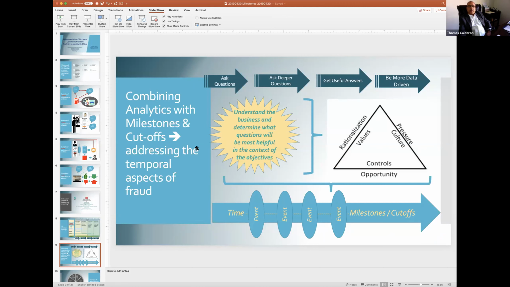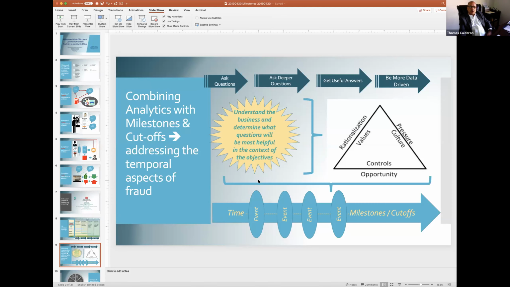Here, we are combining milestones with cutoffs. The point that I'm making here is that when you look at accounting data, or when you look at accounting transactions or accounting events and activities, they usually occur either within cutoff periods or close to the end of cutoff periods.